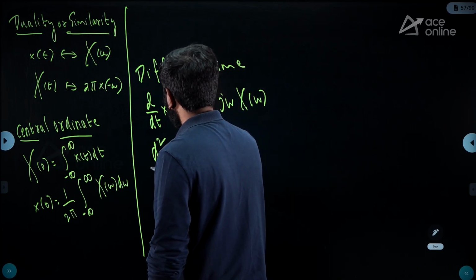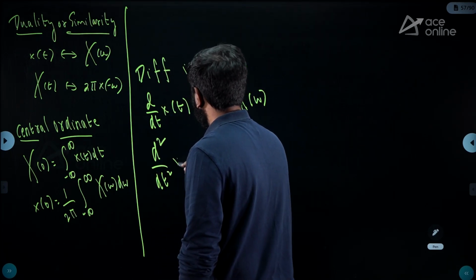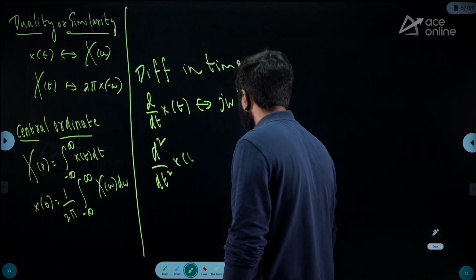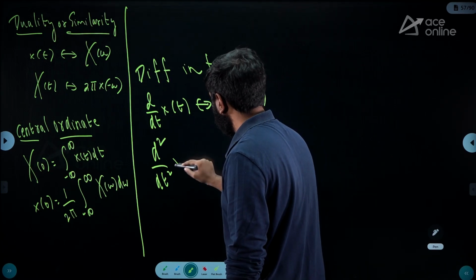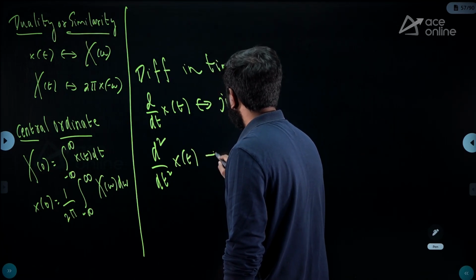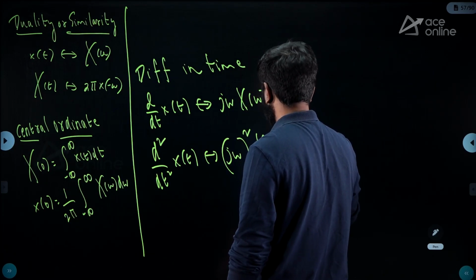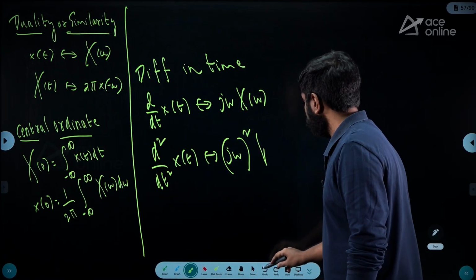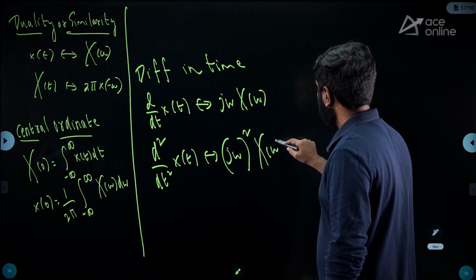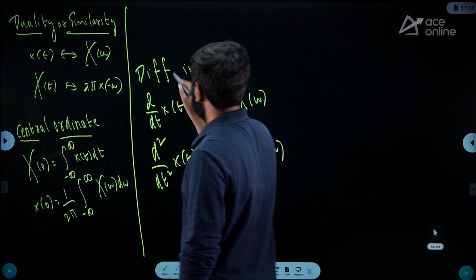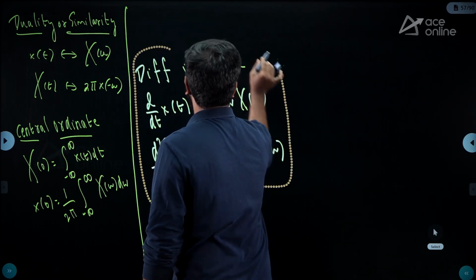If you have a second derivative, then it is j omega whole square into X of omega. This is differentiation in time.